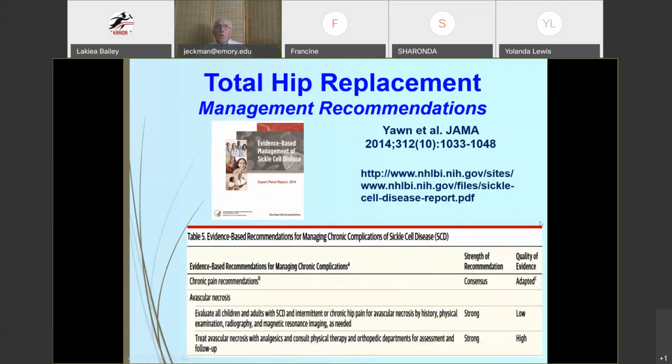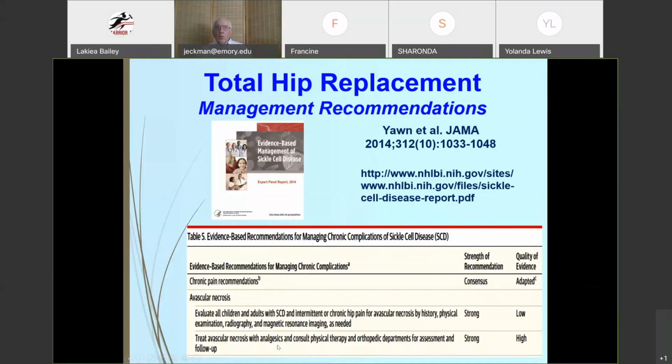The total hip replacement recommendations from the NIH suggest that all individuals with sickle cell disease with intermittent or chronic hip pain should be evaluated for avascular necrosis with a history, physical, and radiographic plain x-rays, and MRI if the plain x-rays are negative.